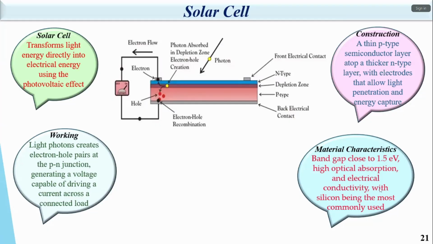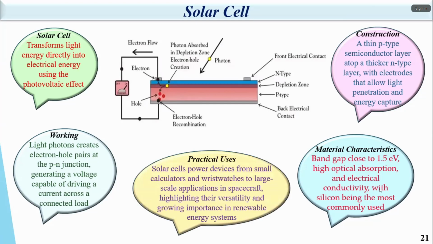It should have high optical absorption and electrical conductivity, with silicon being most commonly used for this purpose. Its uses are in calculators, wristwatches, and spacecraft, highlighting its versatility and growing importance in renewable energy systems.